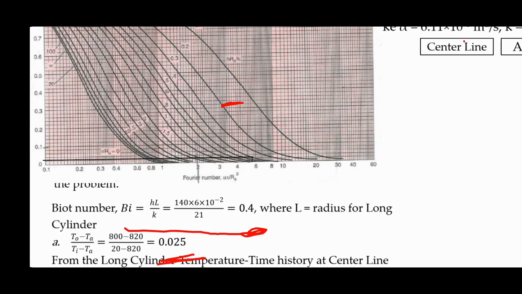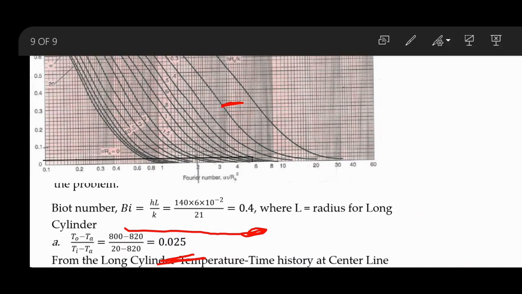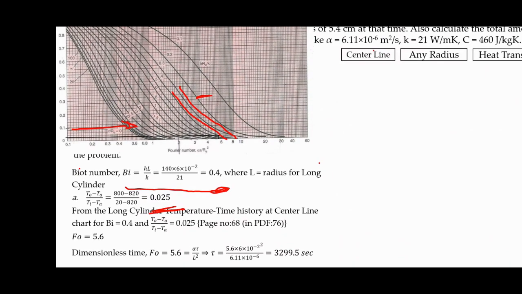After that 0.1, 0.12, 0.14, 0.16, like that. So approximately just above 0.02 I have drawn a horizontal line, and now I am moving towards the right till it reaches the 0.4 curve. Where it reaches the 0.4 curve, I'll draw a vertical line and find the Fourier number. In this case the Fourier number is approximately 5.6.